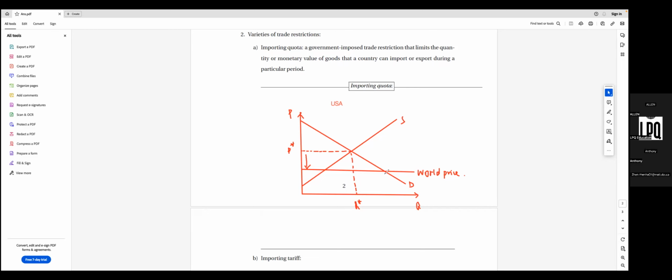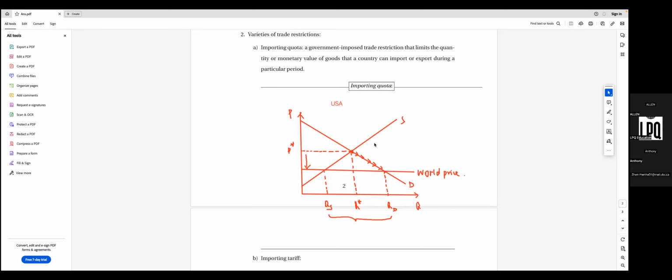So quantity demanded here increases, quantity supplied here decreases. This one is QD, this one is QS. So I mentioned the domestic consumers buy more, so you get a movement here. They buy more from here to here.